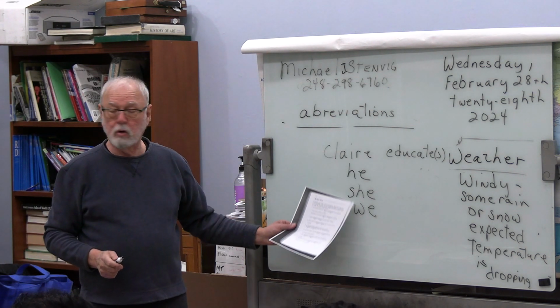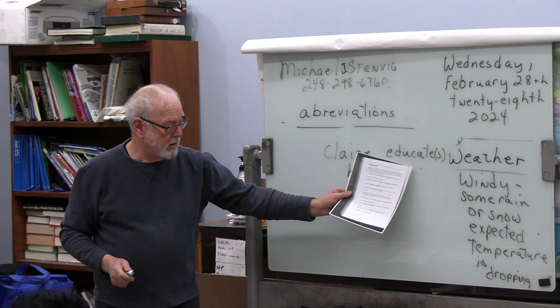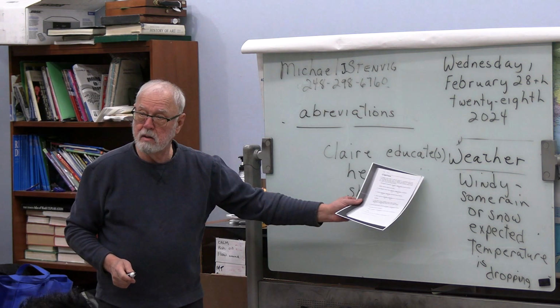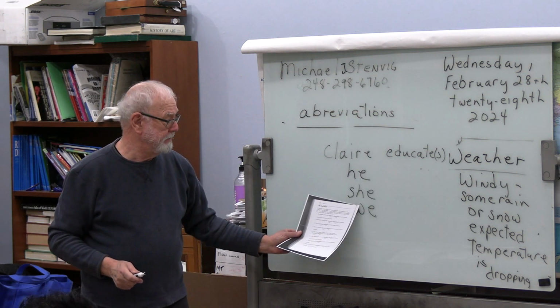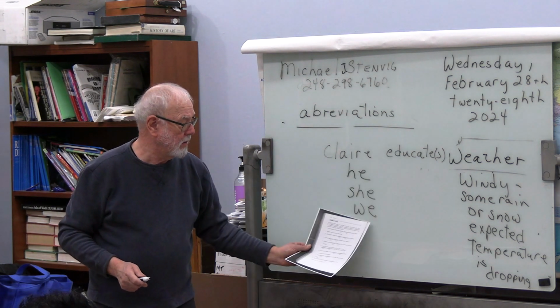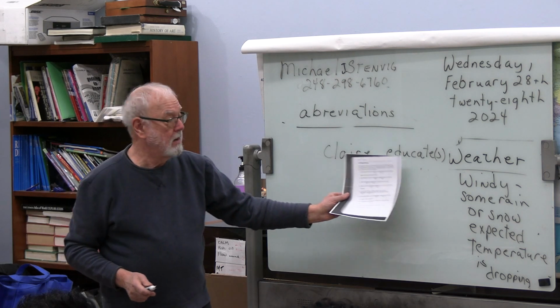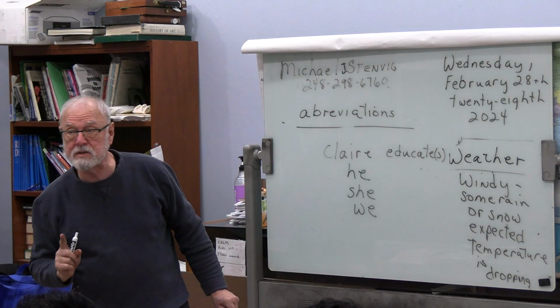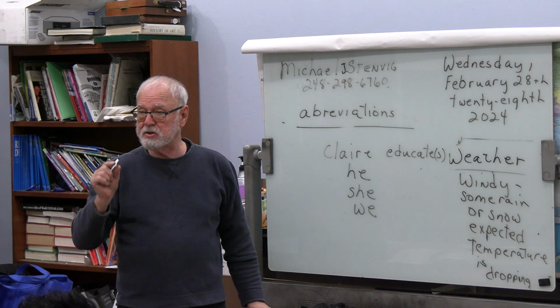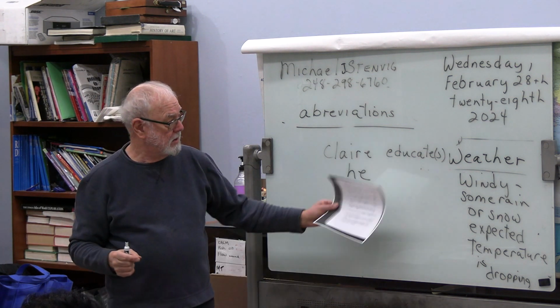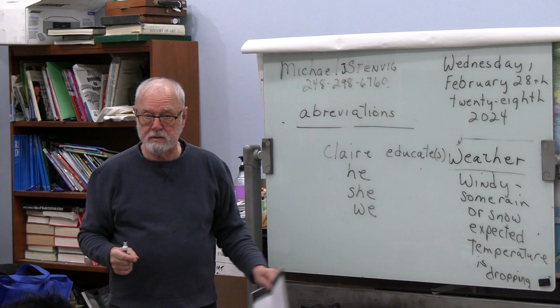Notice these are all going to be verbs. Claire educates. She educates. We educate, no S. That's why they'll sometimes show you that it maybe has an S, maybe doesn't. They put that in parentheses.